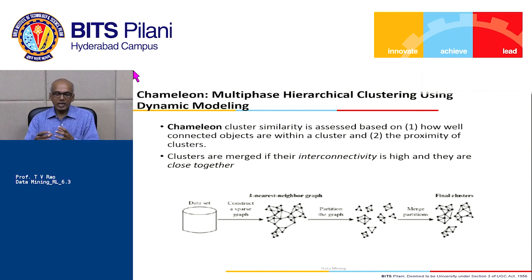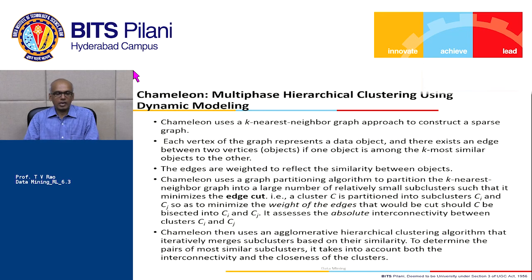After we create this graph, we can think in terms of partitioning again by cutting the edges which represent high distance, and then think in terms of merging using another criterion. So Chameleon works like this. Each vertex of the graph represents a data object, and an edge will exist between two objects if they belong to each other's k most similar objects.